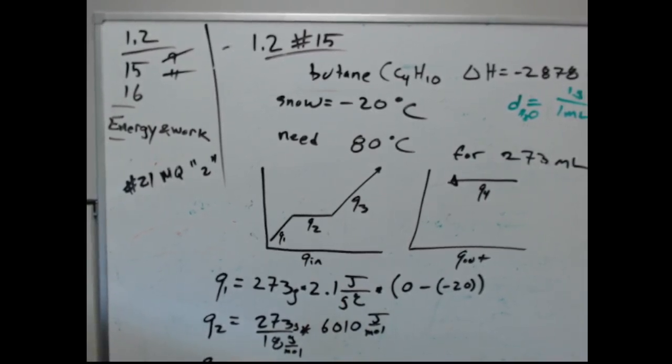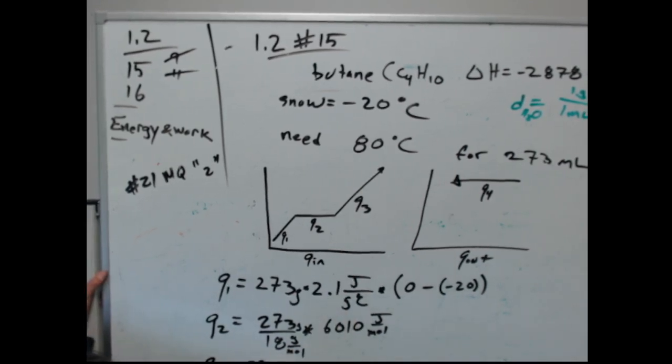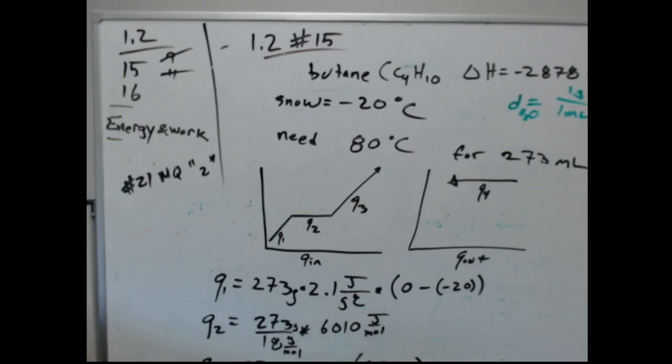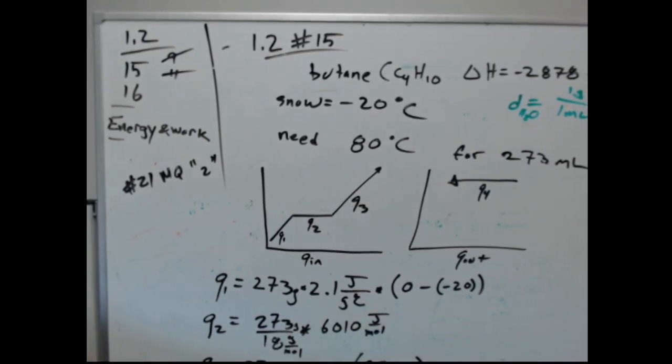Q3 in this case is going to be heating this up. So it's going to be 273. It's already turned into liquid, so it's going to be 4.184. And it's going to be final temperature. We want to get all the way up to a steamy 80 degrees Celsius, up from our 0 degrees Celsius. So these should all end up as positive values because these are all places where we want to put energy in. So I can do a quick check. Negative, negative, that first one's going to be positive.